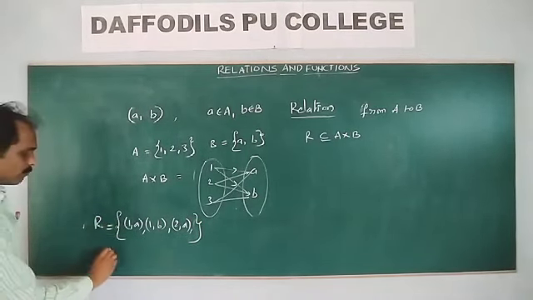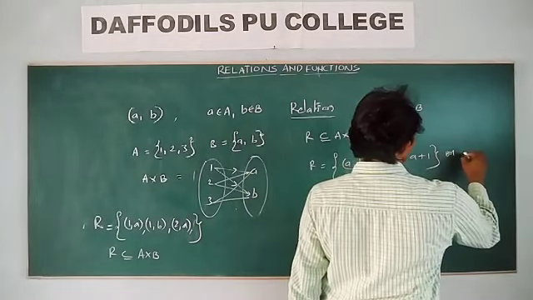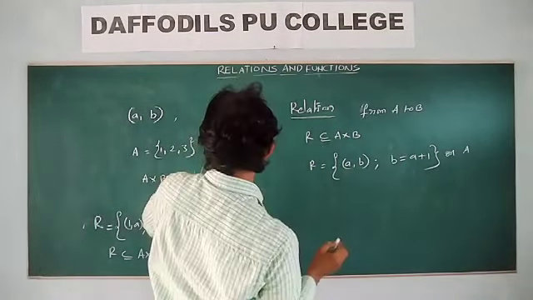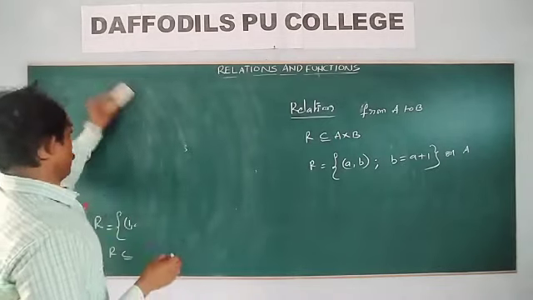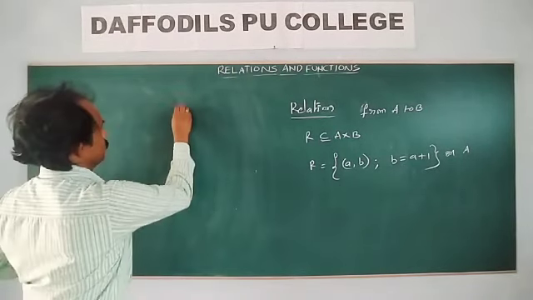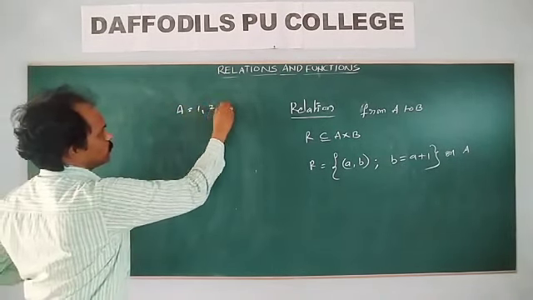For example, R is equal to {(a, b) such that b is equal to a plus 1} on set A. Let A be equal to {1, 2, 3, 4}.